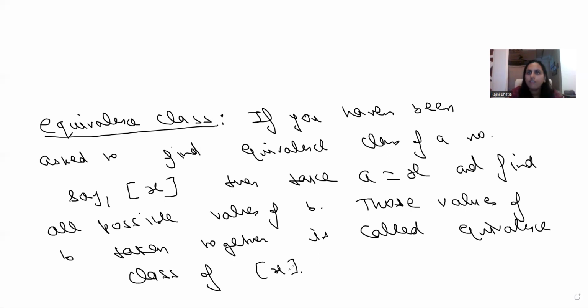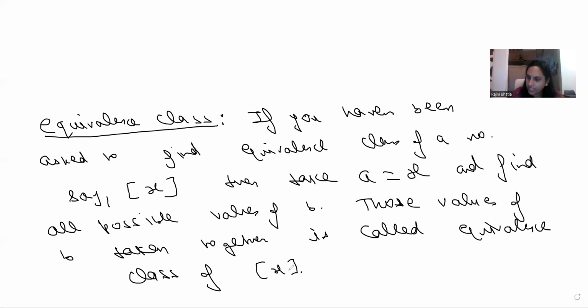I repeat, if you want to find the equivalence class of a number, you need to assume A as x. Then find all the possible values that B can take, and the set of all those possible values of B taken together is called the equivalence class of x.